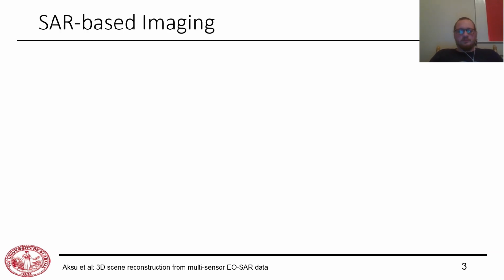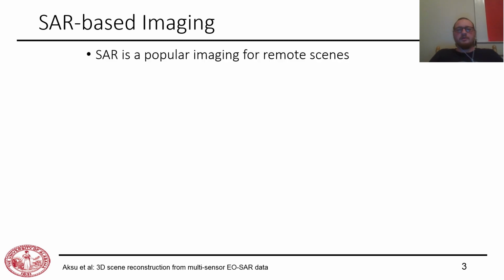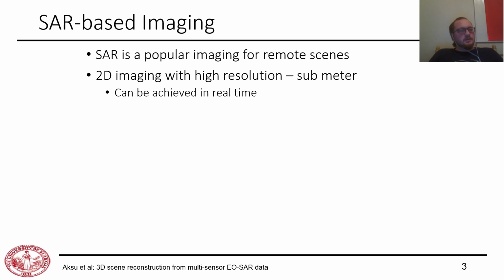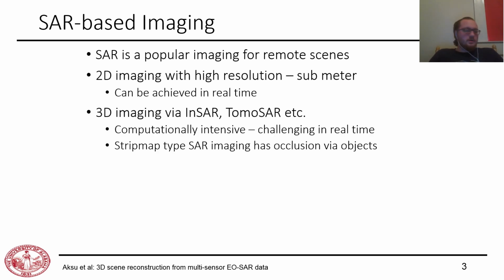SAR-based imaging is a popular imaging type, especially popular for remote scenes. It can achieve 2D imaging with high resolution, especially submeter resolutions, and it can be achieved in real time. It can also be used for 3D imaging using InSAR, TomoSAR, and other versions. But it is computationally intensive, and it's challenging to do in real time.